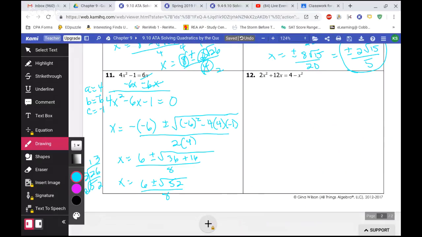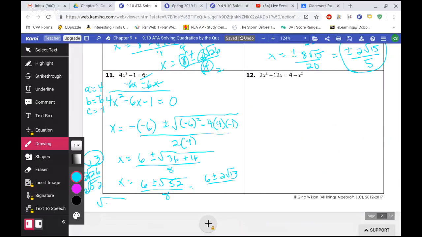So I've got a pair of 2s. So that equals 6 plus or minus 2 times the square root of 13, because pairs make squares, so that gives me the 2 on the outside. Then this would remain inside the radical.